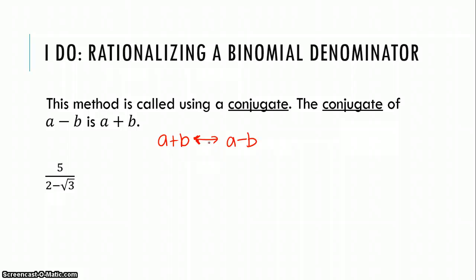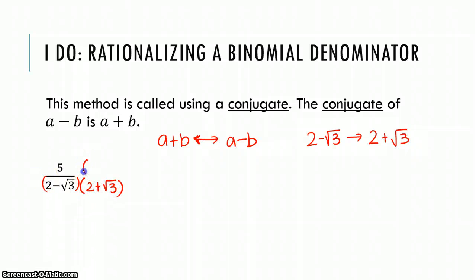And so the idea here is, and we can go into more detail with this and ask some questions about it, but the idea behind this is that these two pairs, if we use the conjugate, so if I have 2 minus root 3, its conjugate is saying, okay, keep the same values, a and b, 2 and root 3, but I'm going to do addition instead.